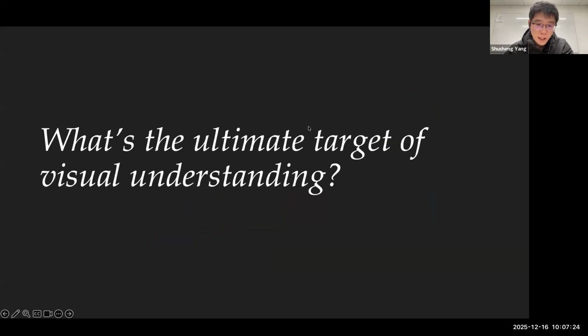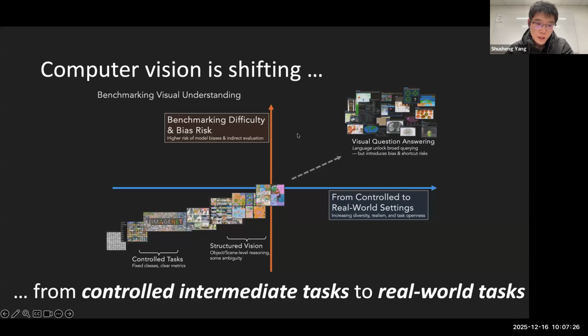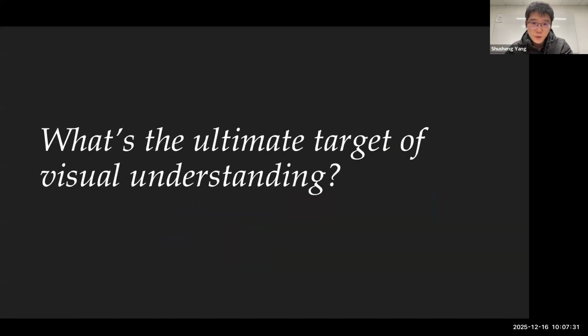But as we know, we are trying to shift from controlled tasks to real-world tasks. So what's your imagination of the real-world task of visual understanding? I think different people will have totally different answers to this question.